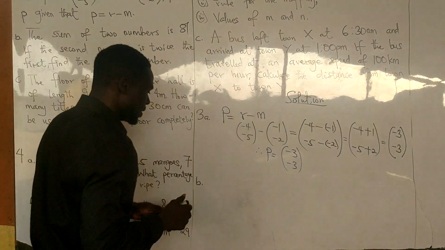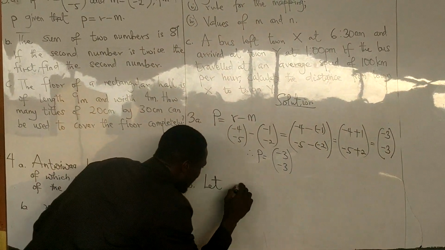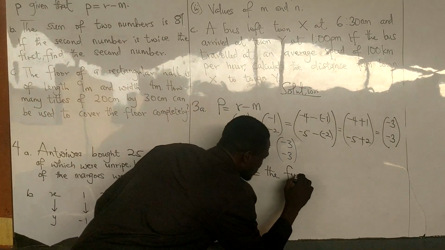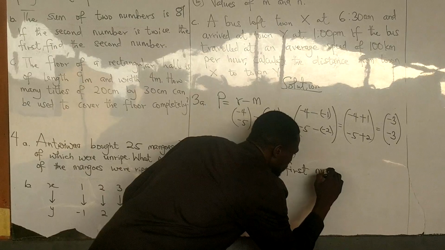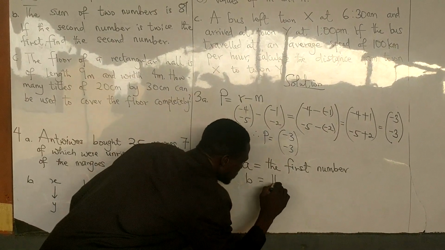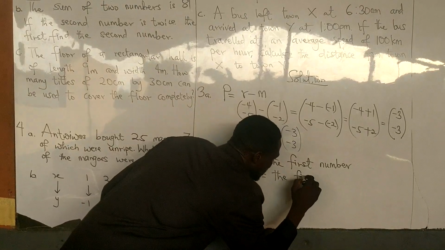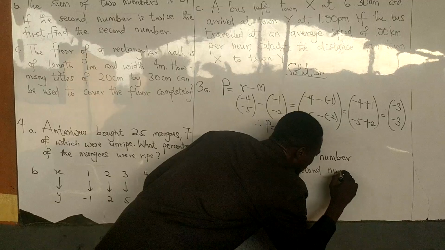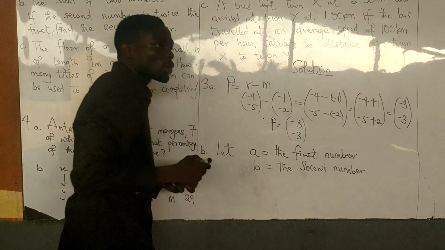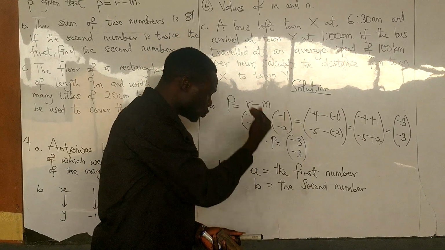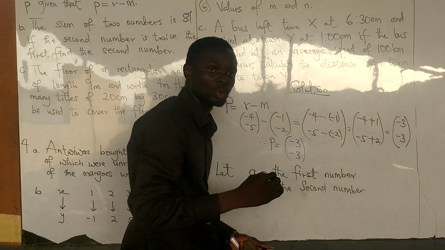So let a be equal to the first number, and b be equal to the second number. Because I don't know the numbers, I'm going to represent them with variables.